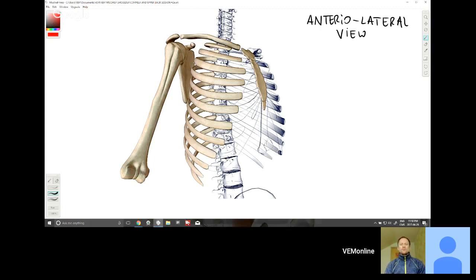So serratus anterior is going to occupy this space here. It's going to come off of the medial border on the scapula, right there, and it is going to wrap around the rib cage, kind of like that. And it is going to attach on the ribs. We'll see that in a bit.